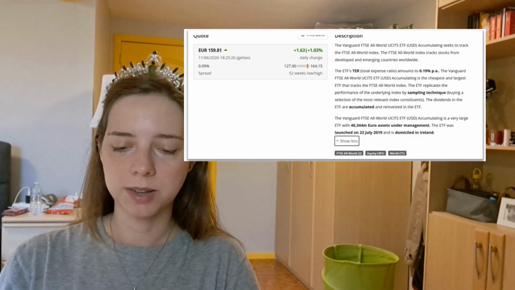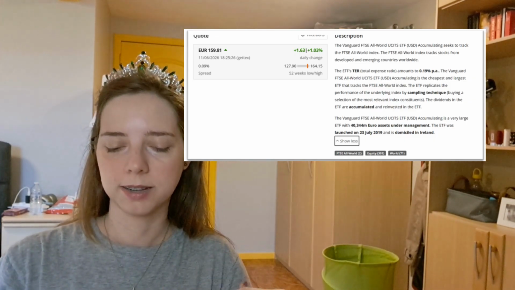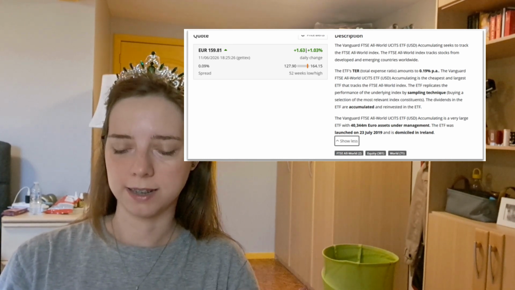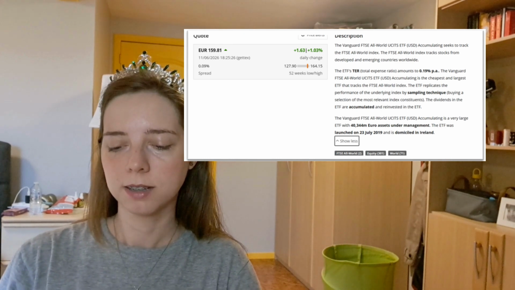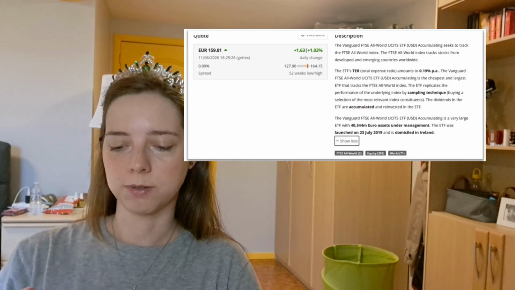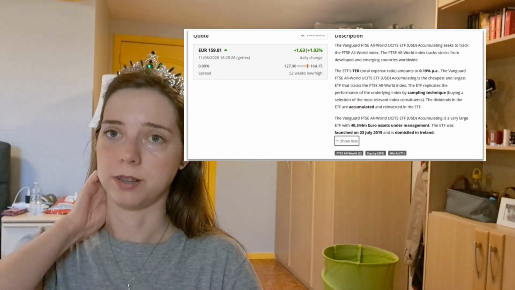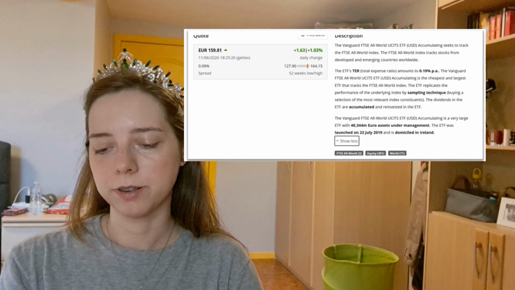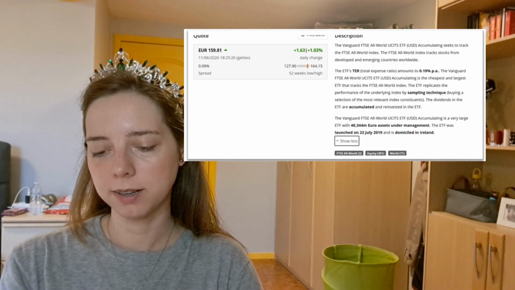Then next to it we have a description, which is kind of the name, with more details. A lot of things that are in the description are also in the name. So we have Vanguard, we have the All World, we have accumulating, then we have the sampling technique.